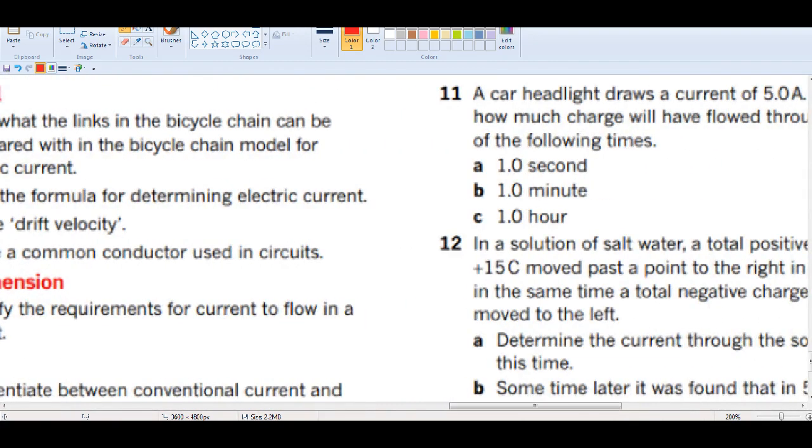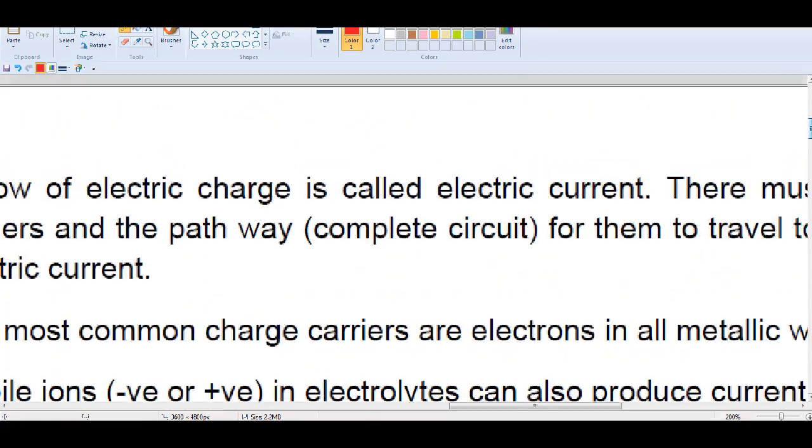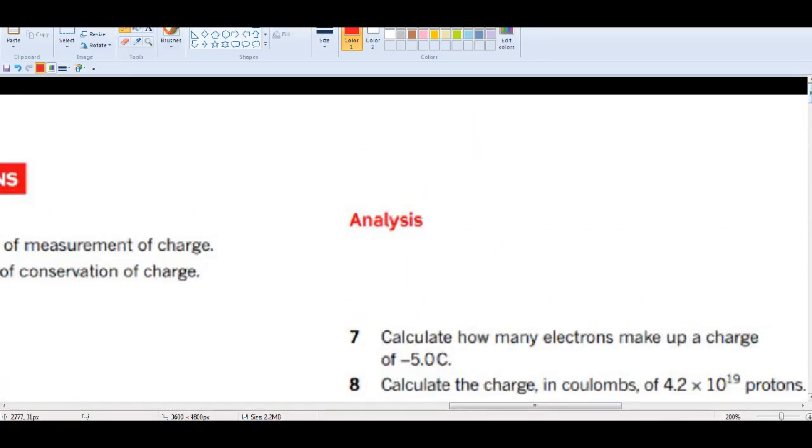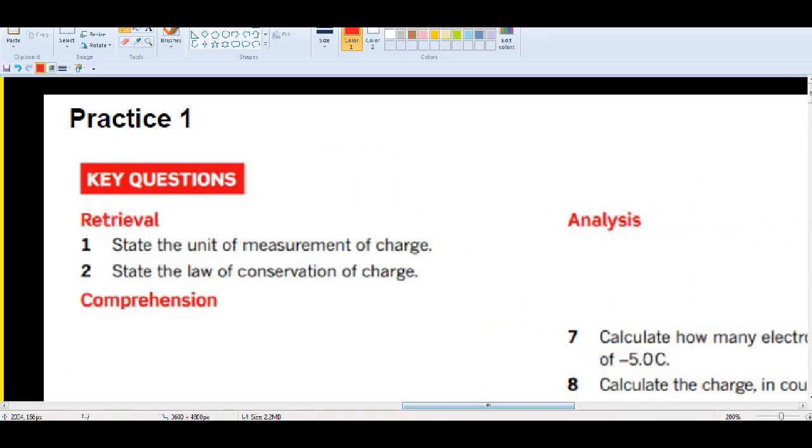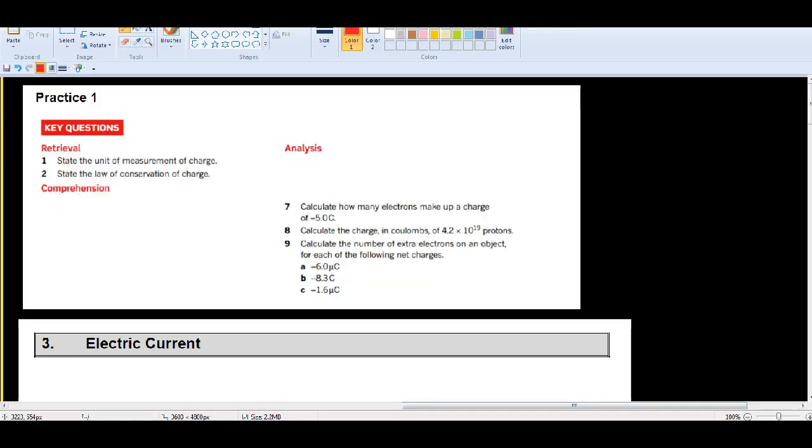Let's move on to current. Oh, okay, before we move on to currents, remember to do some questions. You don't need to do all the questions in the book because there's some content in the textbook that I don't think belongs to the QCAA curriculum, so we don't need to study it.